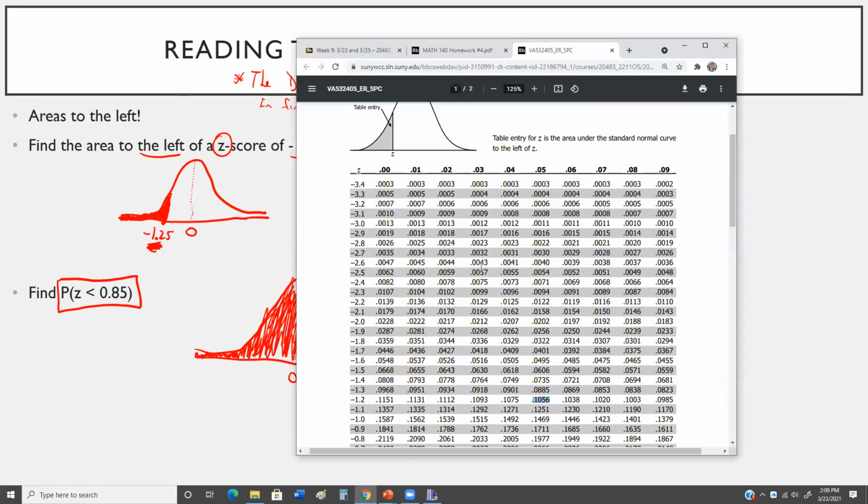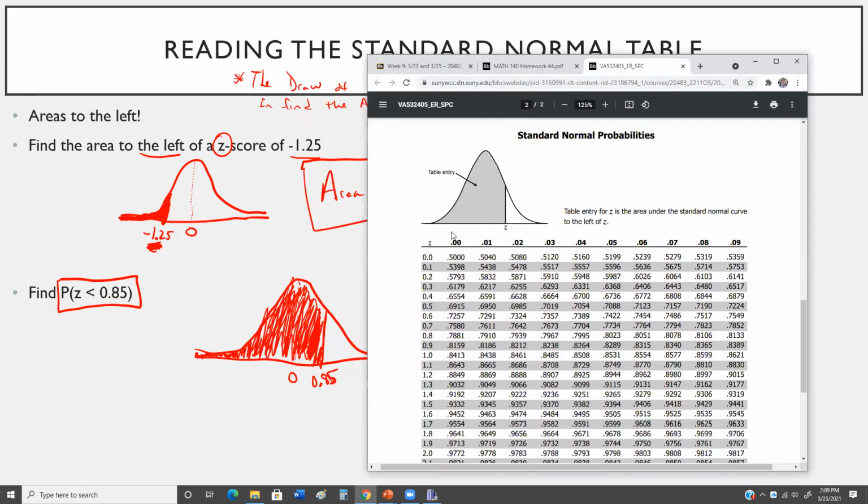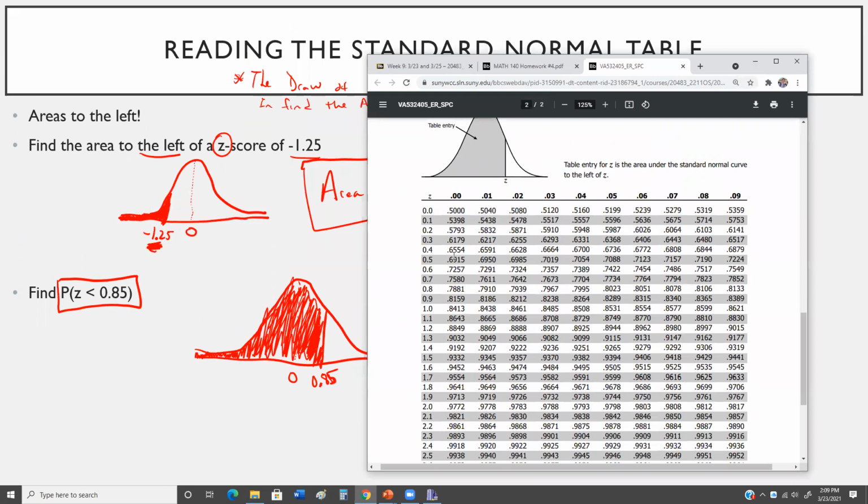Now look, scroll to the positive side. Notice how this curve now better resembles this one, with much more area. All you're going to do is go to the first 2 digits, 0.8, which is right here, and then over to the 5.